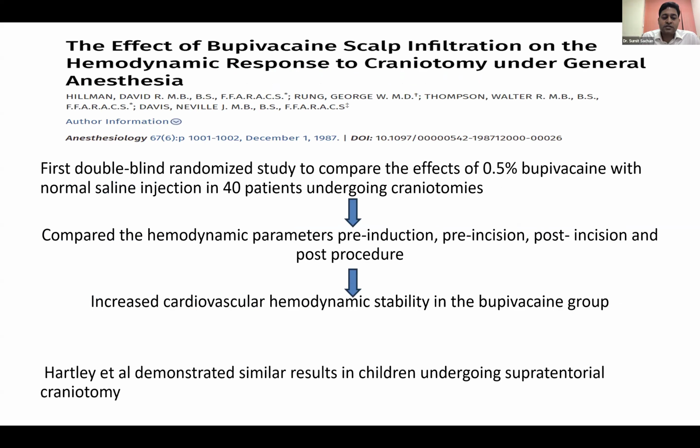What he found was increased cardiovascular hemodynamic stability in those patients where the bupivacaine infiltration was given. Later on, Hartley et al. demonstrated similar results in children undergoing supratentorial craniotomy.